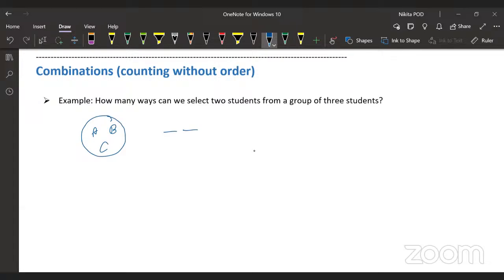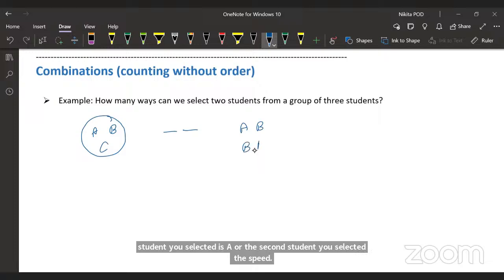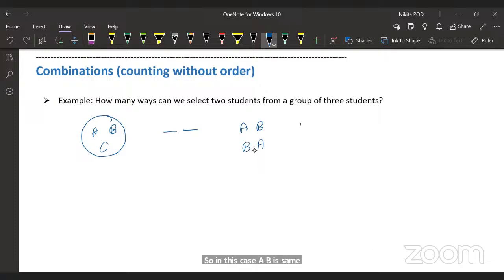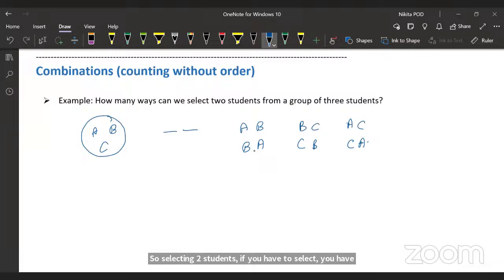It doesn't matter whether the first student you selected is A or the second student you selected is B. So in this case, AB is same as BA, BC is same as CB and AC same as CA. So there are only 3 possibilities, right?